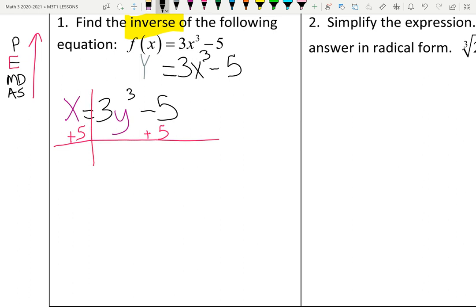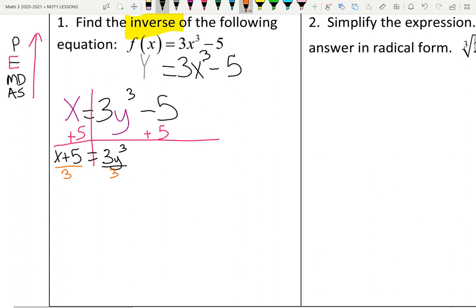This is going to give x plus 5 on the left side, and all that's going to remain is 3y to the third. I'm a step closer. I need to get y by itself. Before I do any exponent work, I have to do multiply and divide. So I'm going to divide by 3, the whole left side and the whole right side.